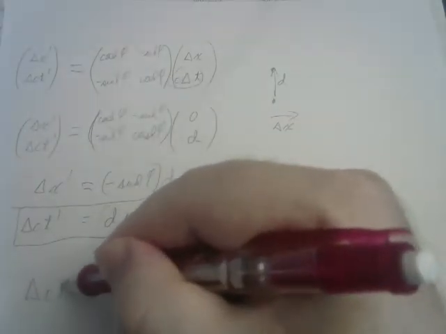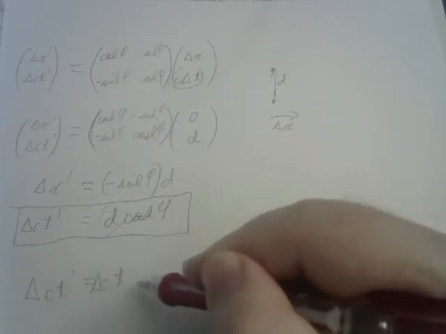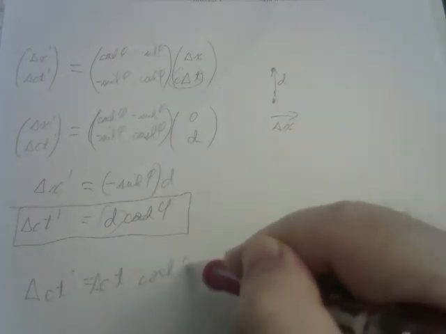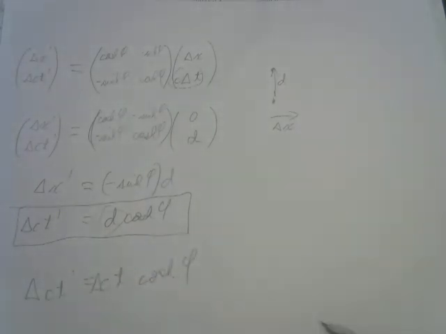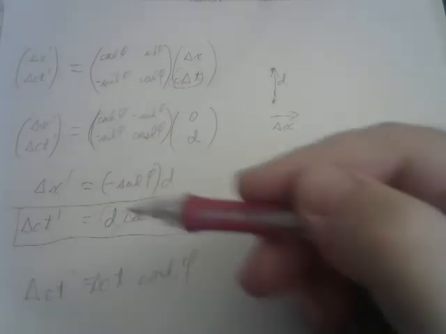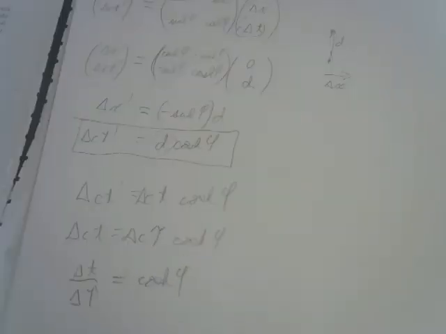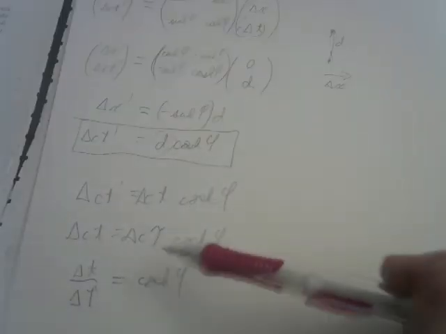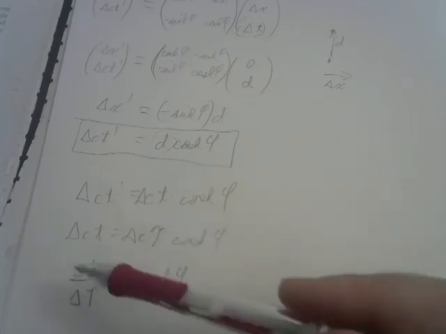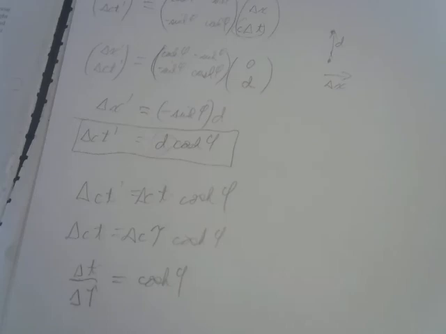Delta ct prime equals c delta t cosh phi. Now, I think I may have reversed the proper time. This was the proper time between the events, and now this is the observed time. So I did kind of screw up the notation a little bit from the start there, but otherwise you can see that we do get that delta t over delta tau equals cosh phi in this situation.